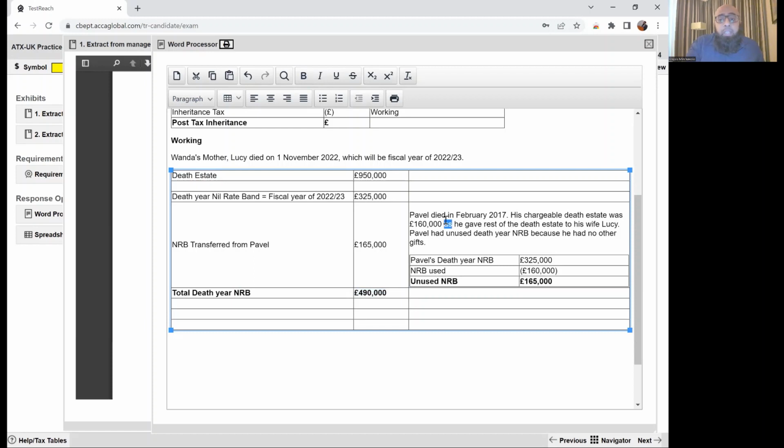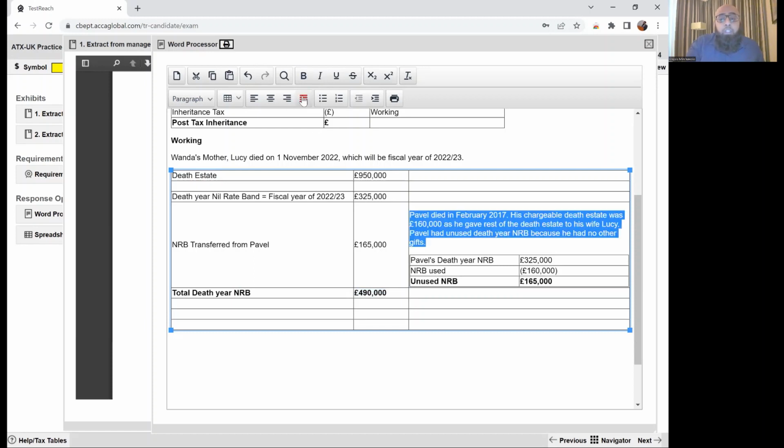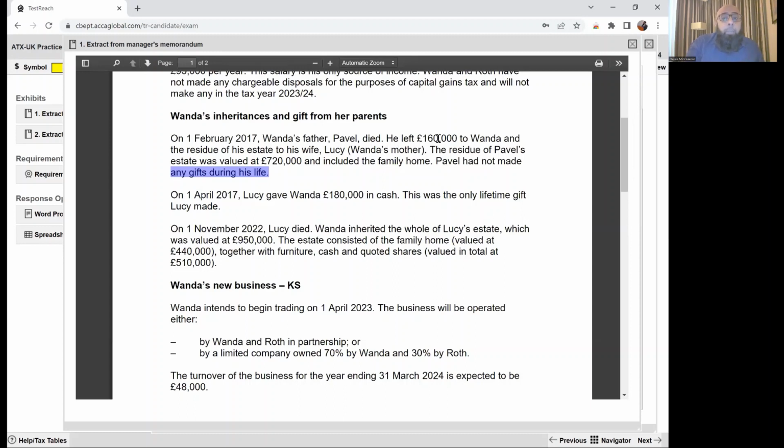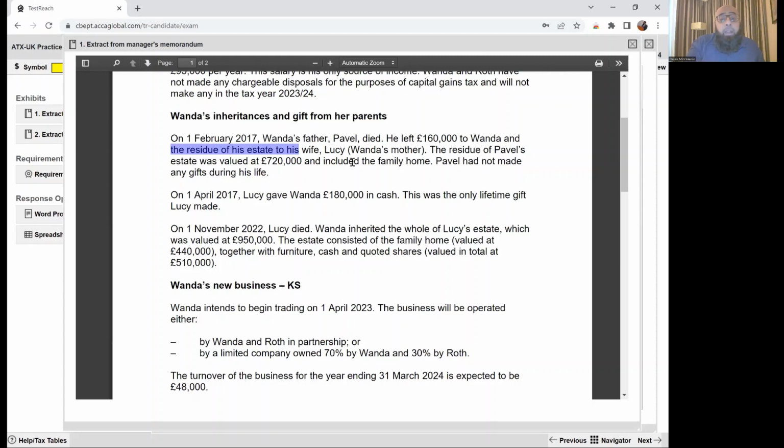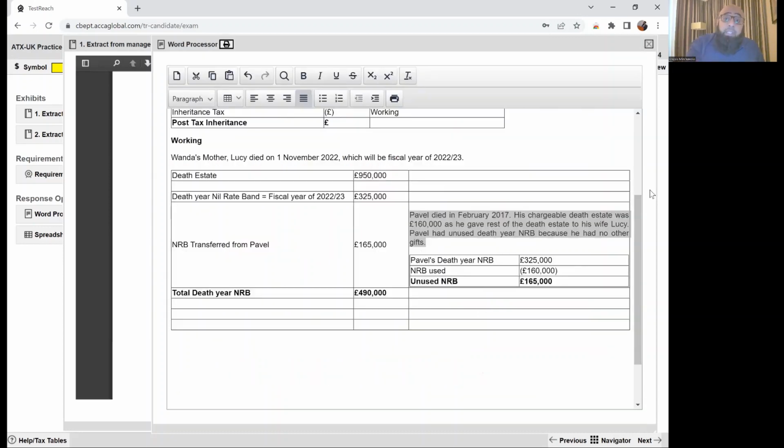His chargeable death estate was 160,000. Why 160,000? Because if you read the question, Pavel died, he left 160,000 to Vanda. What you leave to your children is chargeable. The residue to his wife, Lucy. The residue of Pavel's estate valued at 70,000 included the family home of 720,000. Now there will be an issue of residence NRB also, but we'll discuss that.